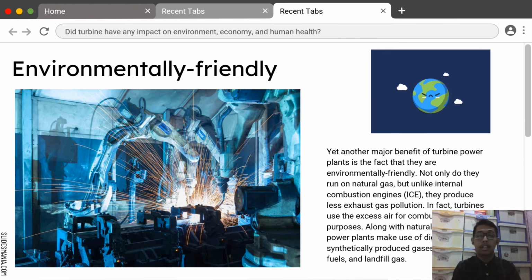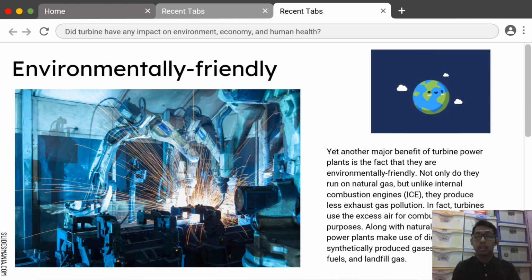For the third subtopic: does turbine have an impact on environment, economy, and human health? For the first one, environmentally friendly. Another benefit of turbine power plants is that they are environmentally friendly. Not only do they run on natural gas, but unlike external combustion engines, they produce less exhaust gas pollution.